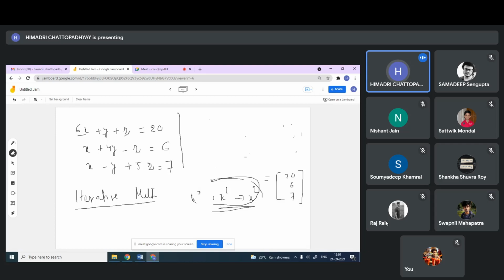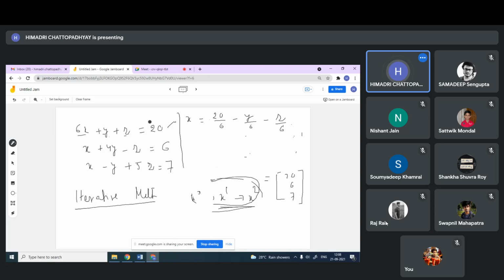So what I told, develop an equation for each unknown. From these you can write x: x becomes 20 by 6 minus y by 6 minus z by 6.